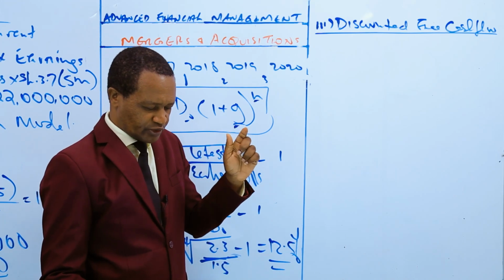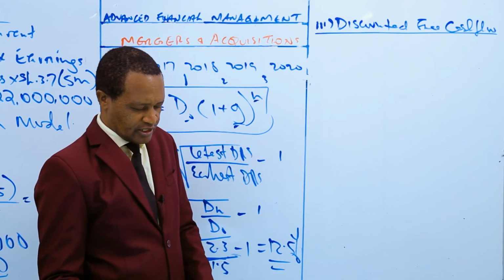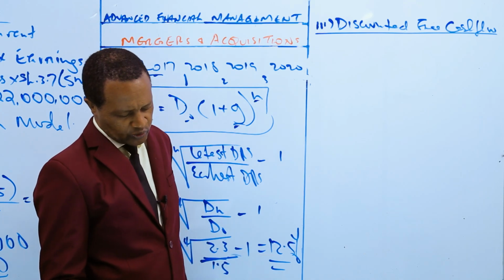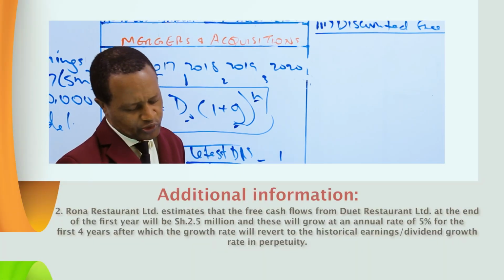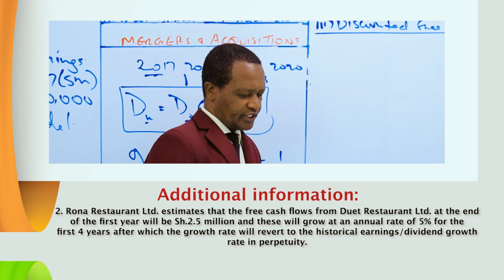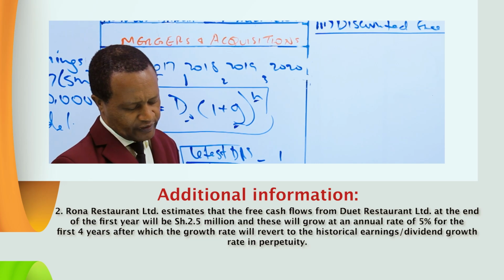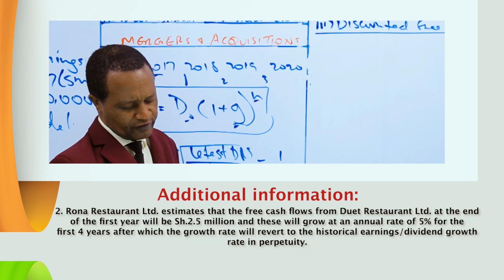So do we have information on the future cash flows? Look at the question, note number 2. It reads, Rona Restaurant Limited estimates that the free cash flows from Duet Restaurant Limited at the end of the first year will be 2.5 million.